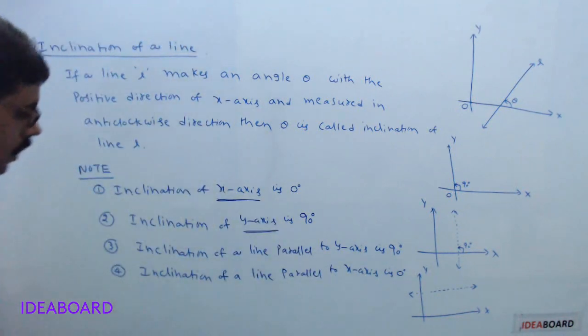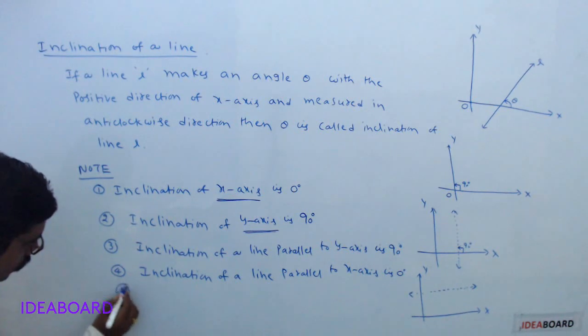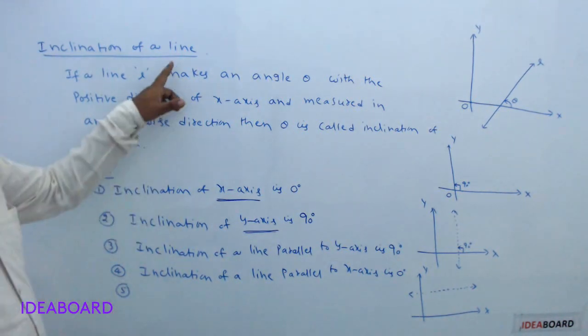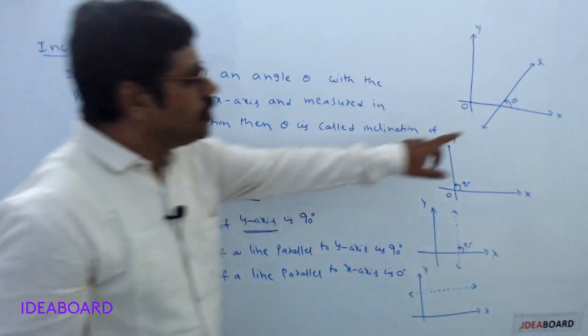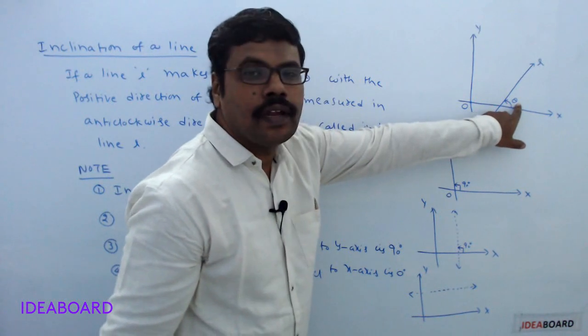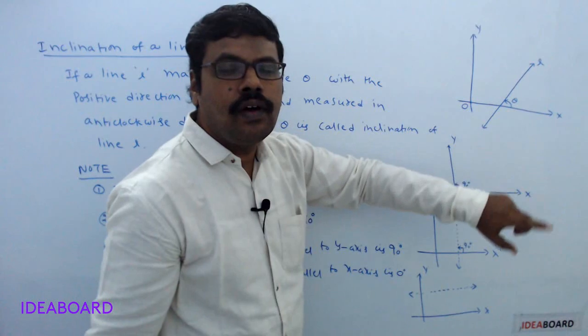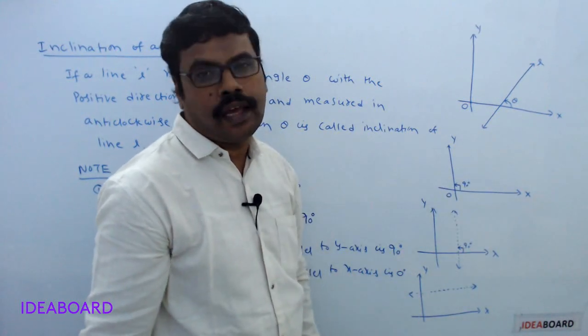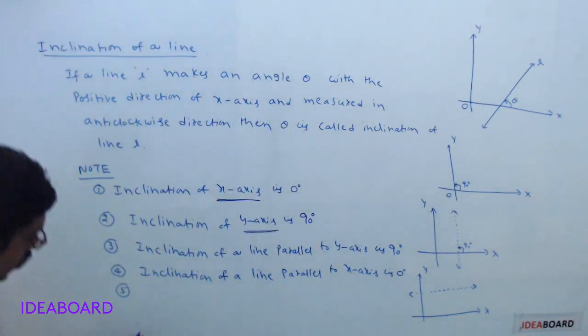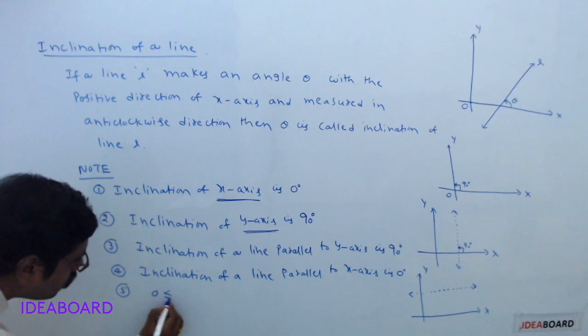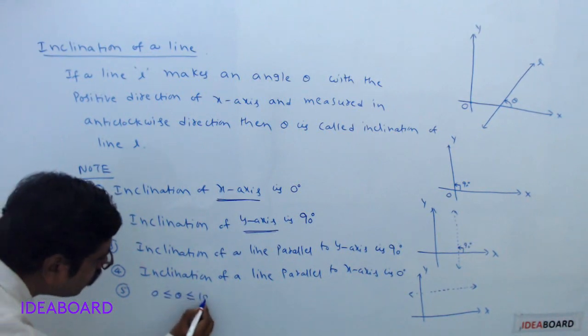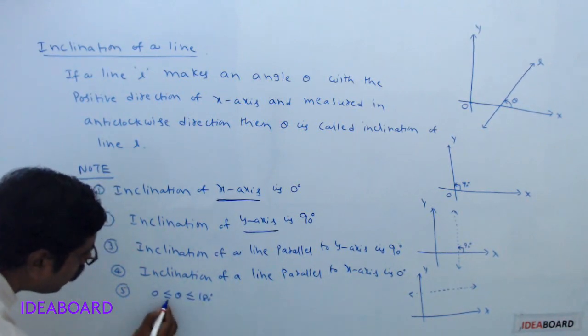Now see the last point. Now here, this inclination of a line concept, this theta value lies between 0 and 180 degrees, including 0 and including 180 also. So, in inclination concept, the theta value lies between 0 and 180 degrees.